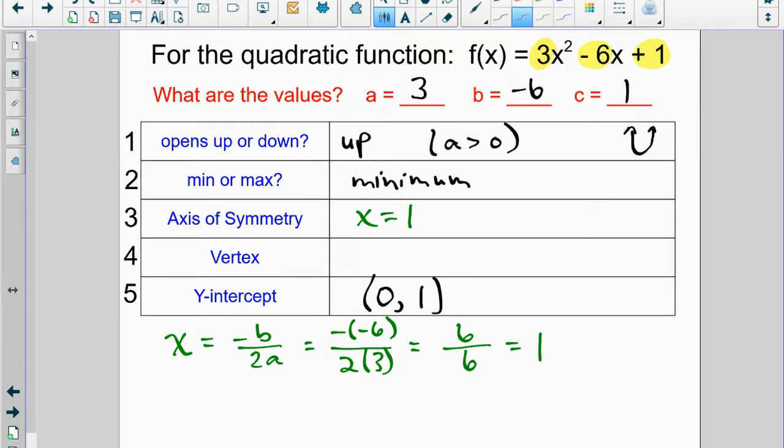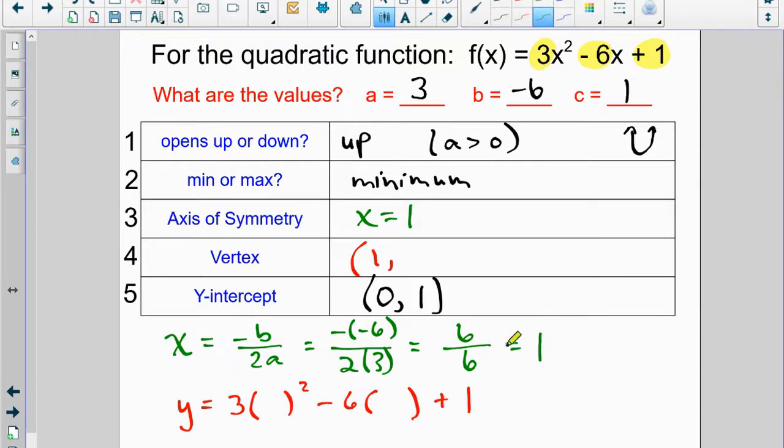Now for the vertex, my coordinates of the vertex also include that exact same number as the x-coordinate. To find the y-coordinate, I just take my equation, and I'm going to say y equals instead of f of x. And I'm going to write everything else down and leave a big space everywhere there is an x. And we are going to use our x value.